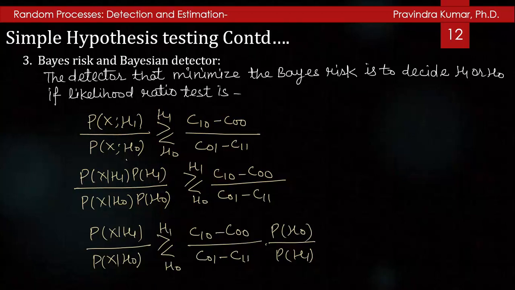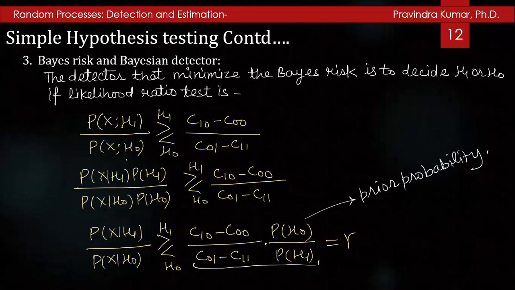So from here I can write P(x|H1) divided by P(x|H0), greater than or less than (C10 minus C00) divided by (C01 minus C11), into P(H0) divided by P(H1). These are the prior probabilities, and this is the threshold value gamma.